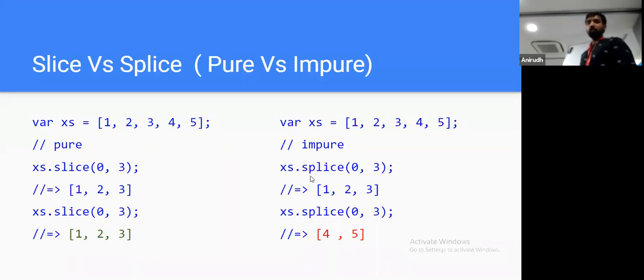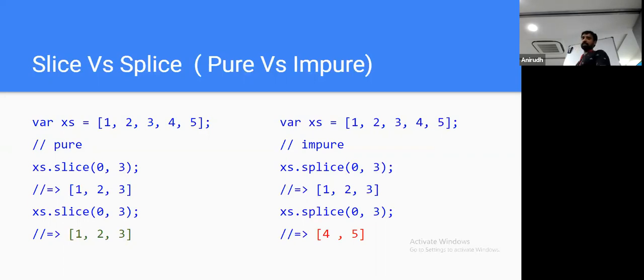In the right code, we are using the splice method. Splice is mutating the data, so it is not returning the same data all the time. In the first call it returns 1, 2, 3, and in the second call it returns 4, 5.